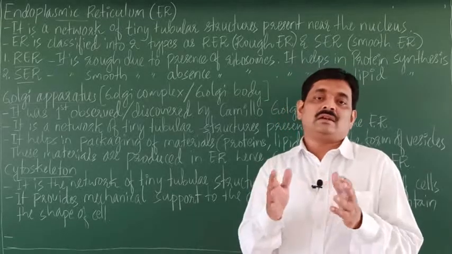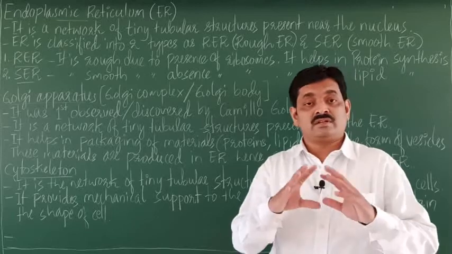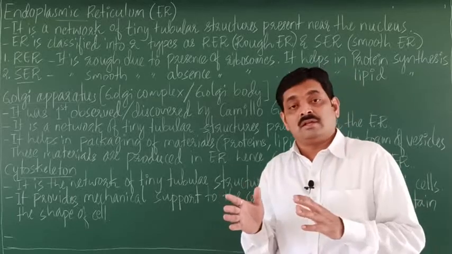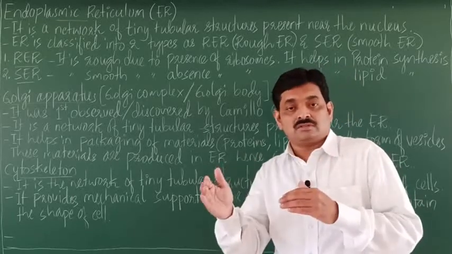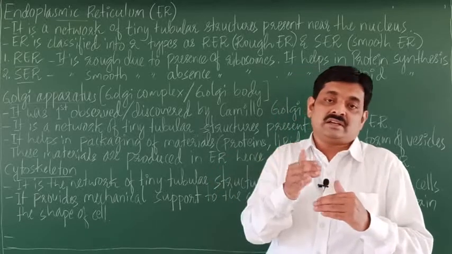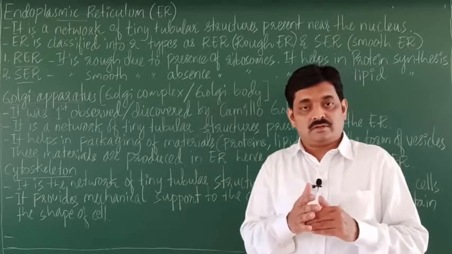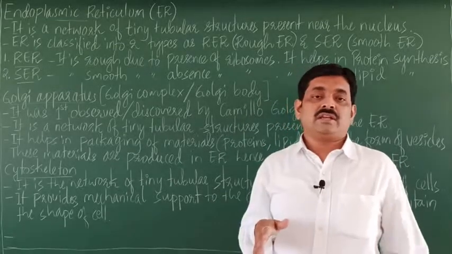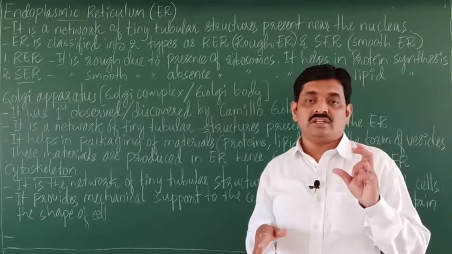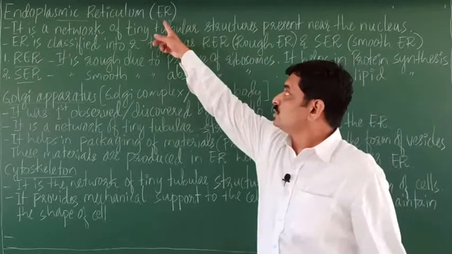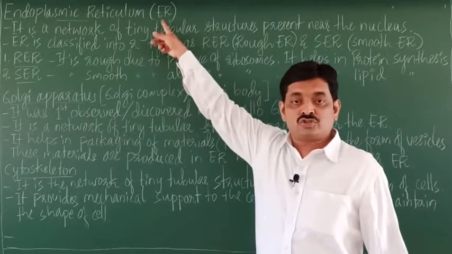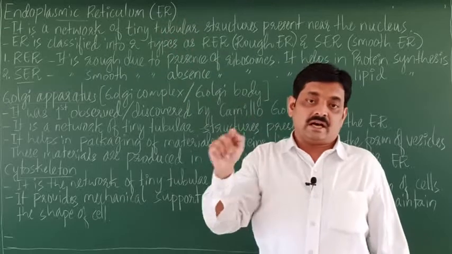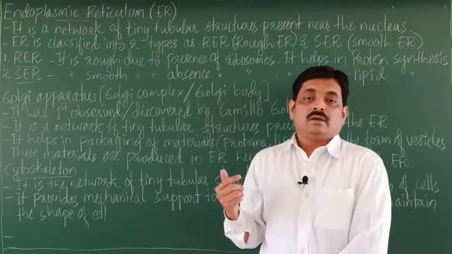This you can clearly see in the diagram. If you see the diagram of plant cell or animal cell, you can easily see how this endoplasmic reticulum is attached to the nuclear membrane. Now this endoplasmic reticulum, in short, is also called ER.